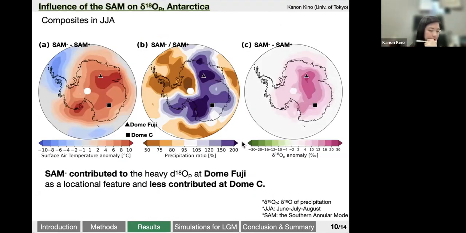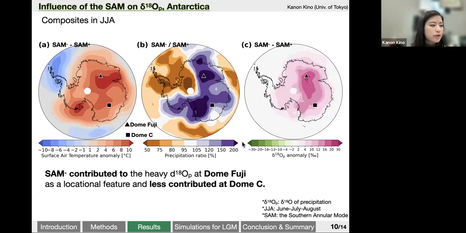We conducted composite analysis again. These are composites between SAM negative and SAM positive for the Austral winter: surface air temperature, precipitation, and delta-weighted precipitation. Every variable increased in almost all regions of Antarctica, and the increases were largest around Dome Fuji.